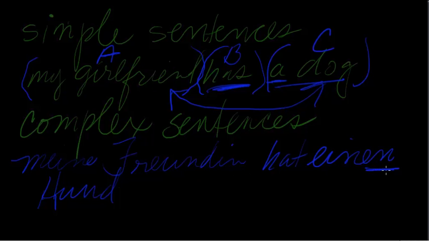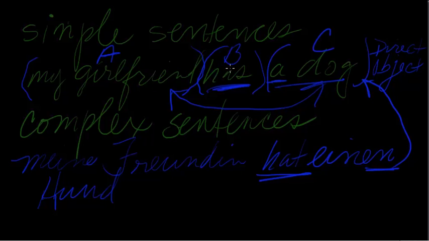And a direct object, just as a refresher, is the object in a sentence that receives the action. So that's really cool with German, because you can flip the phrases and sentences around at will as long as the verb remains in the second position. So it always remains building block B.